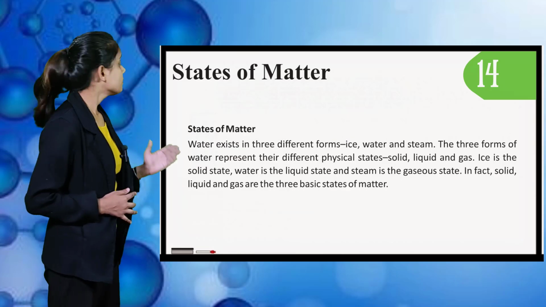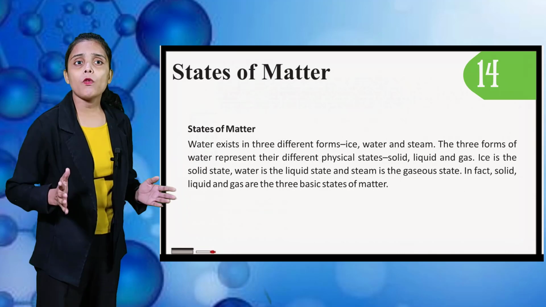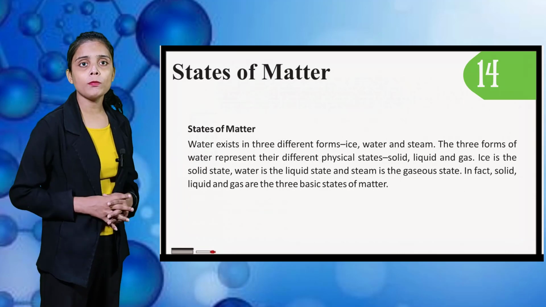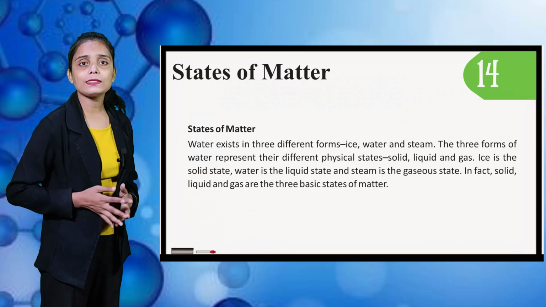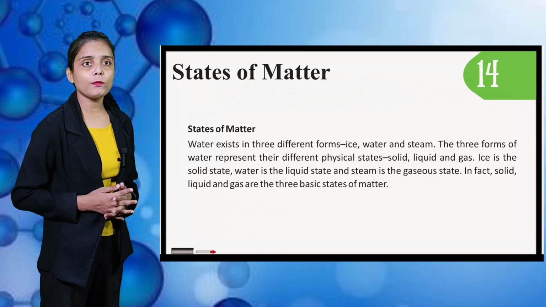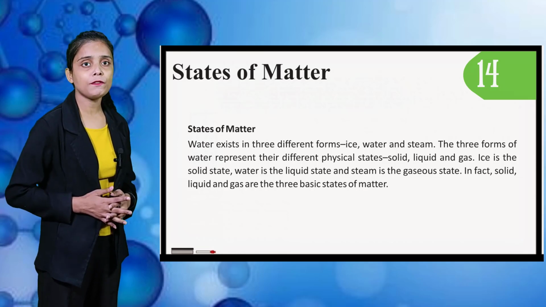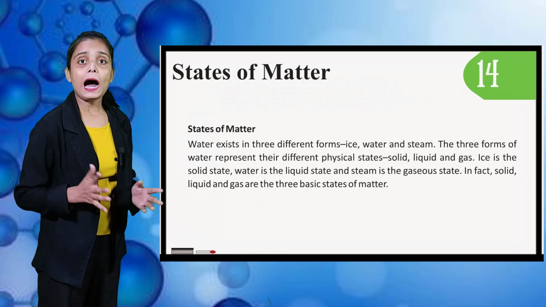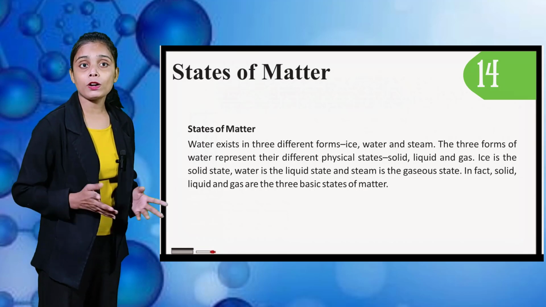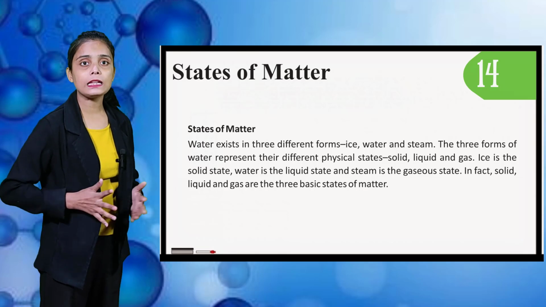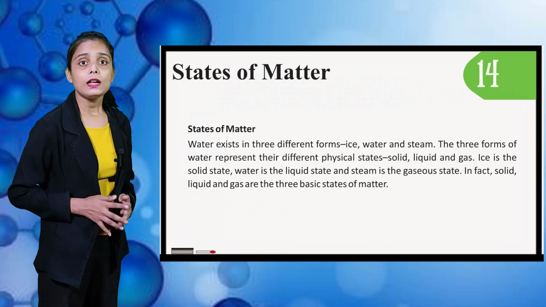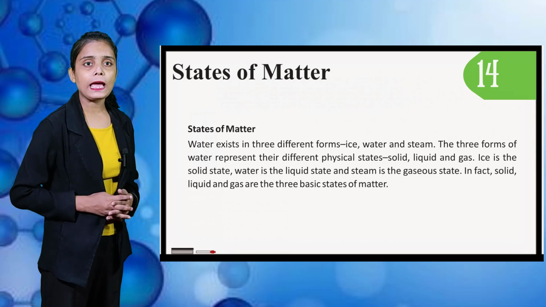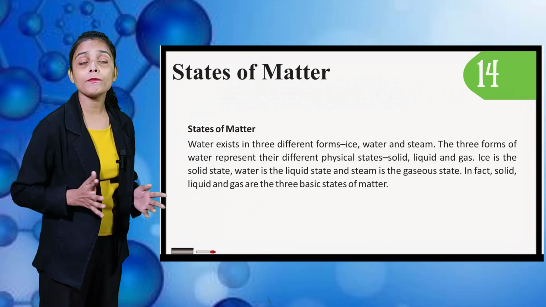So now let's see the states of matter. Water exists in three different forms, that is water, ice and steam. The three forms of water represent their different physical states, that is solid, liquid and gas. Ice is the solid state, water is the liquid state and steam is the gaseous state. In fact, solid, liquid and gas are the three basic states of matter.